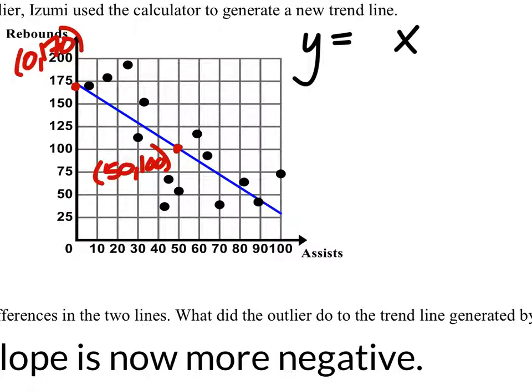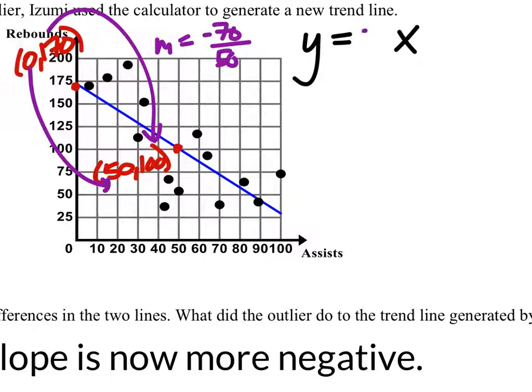All right, so to find the slope on these, I find the difference between these two, so that's a negative 70. So my slope went down 70. And then from 0 to 50, that was to the right 50. And this simplifies to negative 7/5.